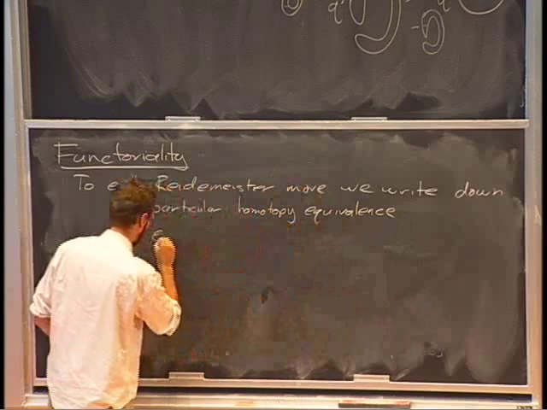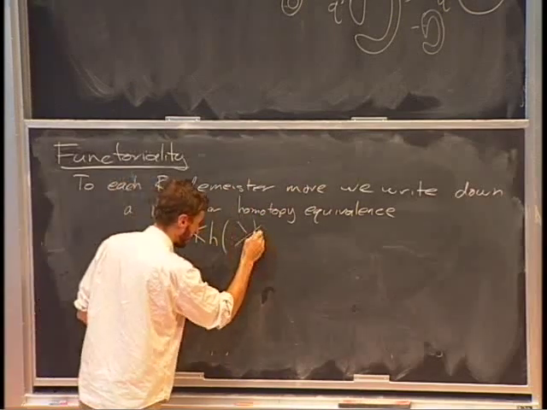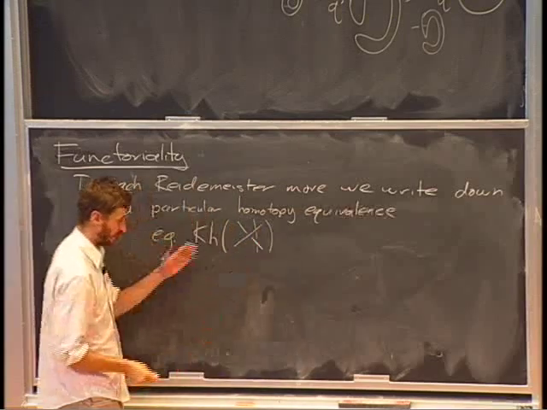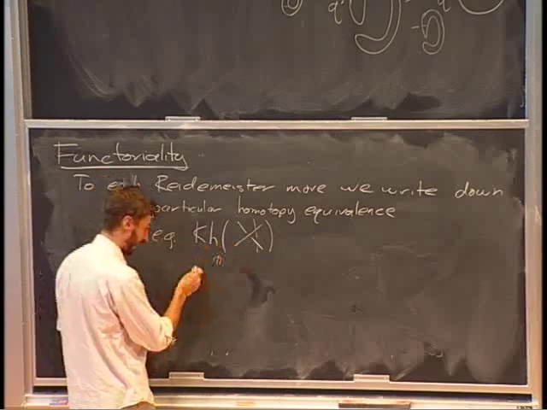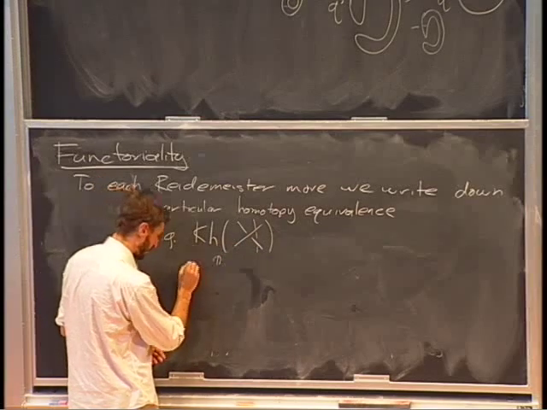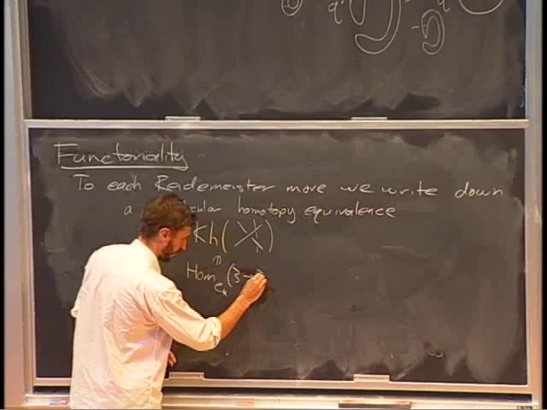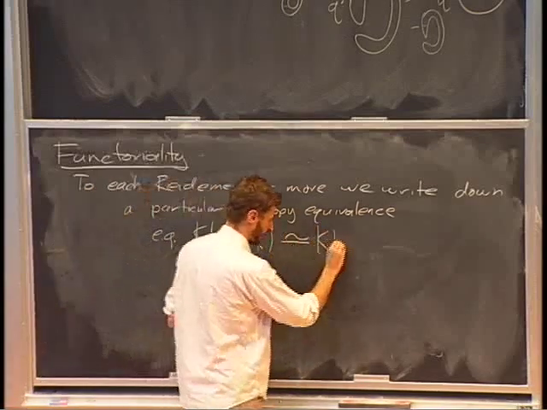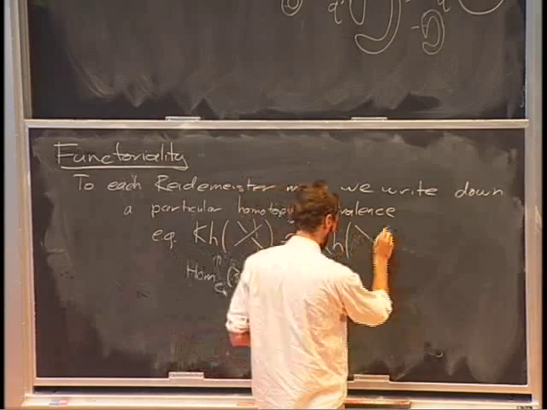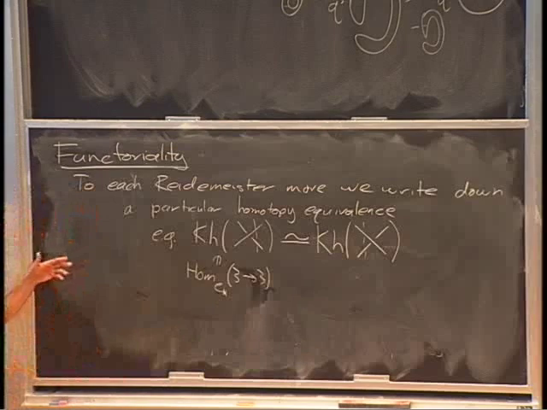So for example, if we look at KH of this little tangle, in the language that I've been using so far, the Khovanov invariant of this tangle is some element of this Hom space from 3 points to 3 points. And we have to pick a particular homotopy equivalence between that complex there and the complex that we get from looking at this tangle. And similarly for the other Reidemeister moves. And in particular, we have to do this for all different orientations of the Reidemeister moves.